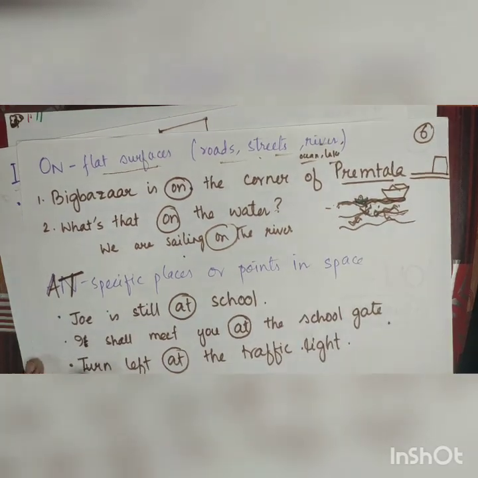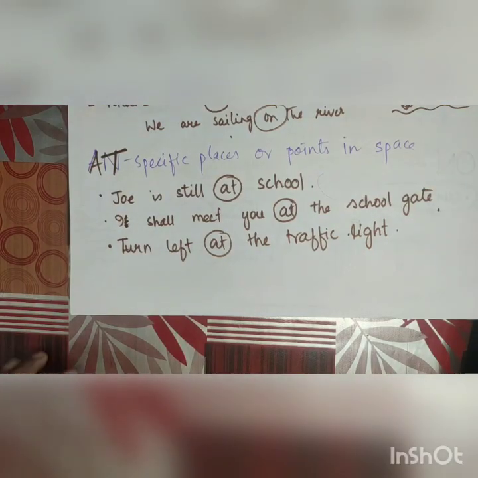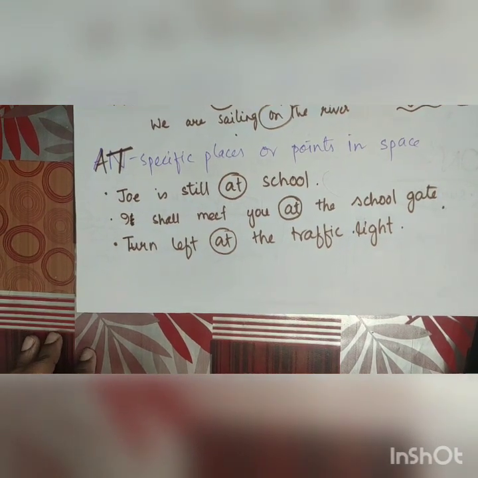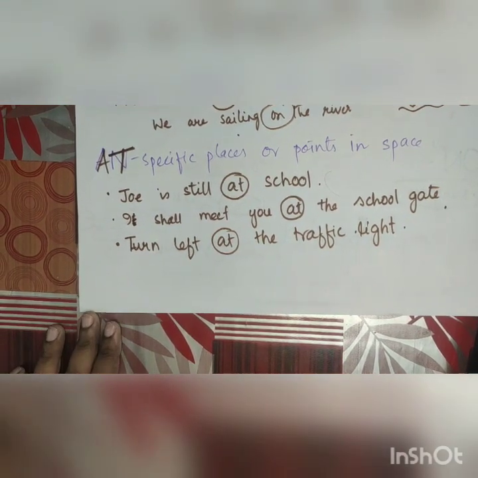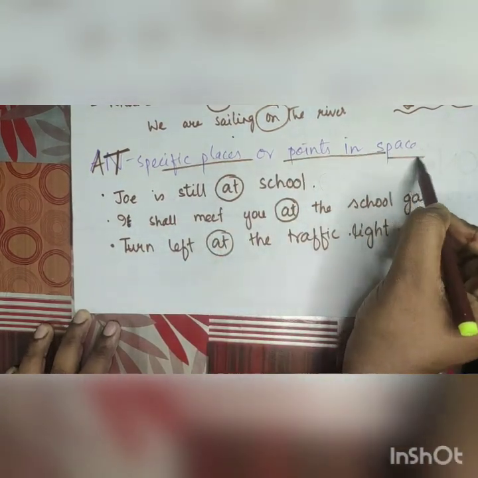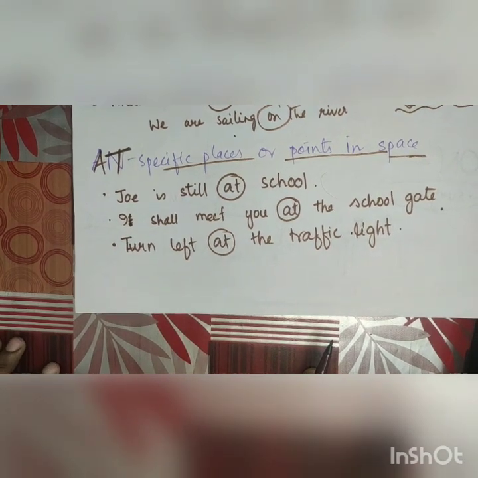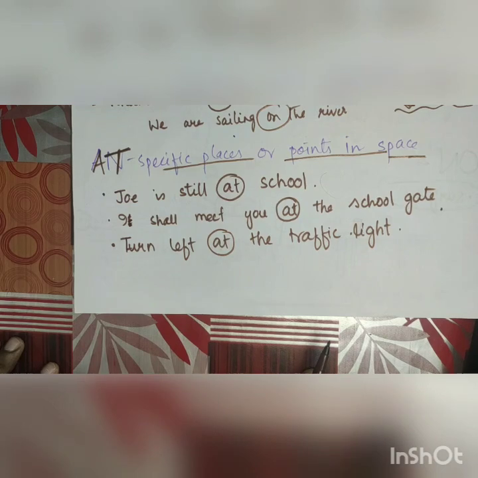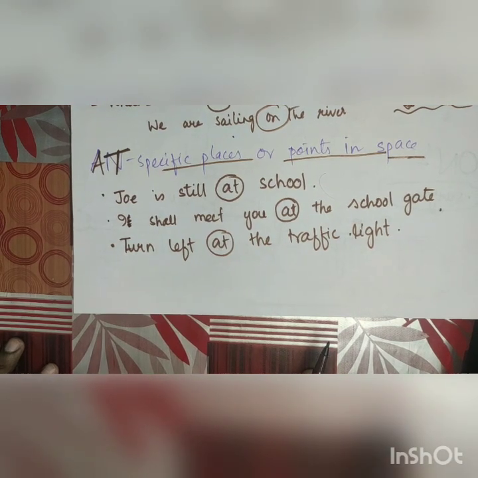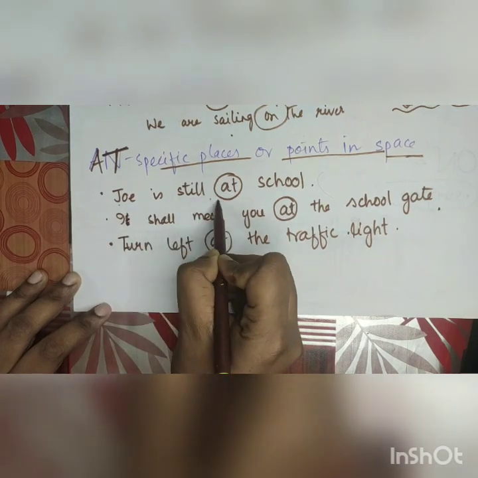Now we go to the usage of at. At means specific places or points in space. This line might sound a little bit difficult on your part, but when we see the examples, I hope you will get clear about it. Joe is still at school.